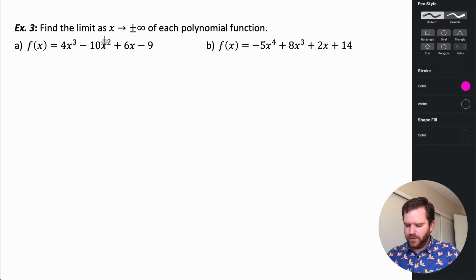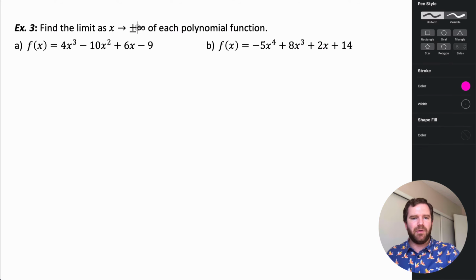In this example, these are polynomial functions, and we want to look at the limits as we approach the right side, as x gets larger and larger to positive infinity, and then as x gets more and more negative to negative infinity. Now, one thing that's interesting is we only really care about the highest degree term. These other numbers are basically insignificant as x approaches really, really large numbers.